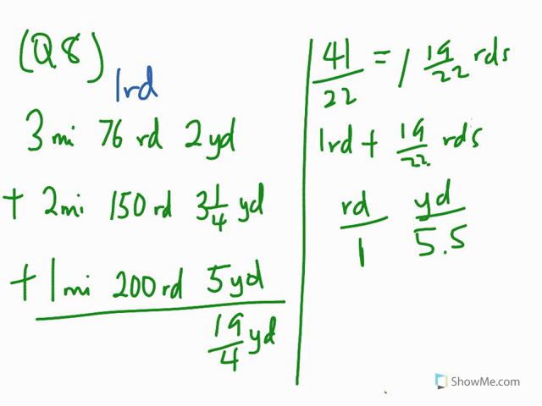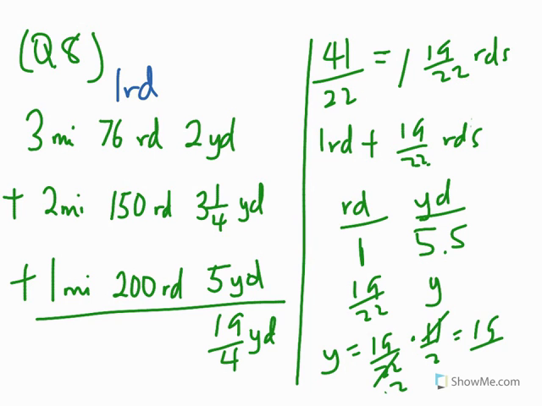The 19/22, you write it here. And this is y. So you multiply it, 19/22 times 5.5, which is 11/2, right? And this will cross out, and you have 19/4, 19/4 yards. So that's another way to do it.